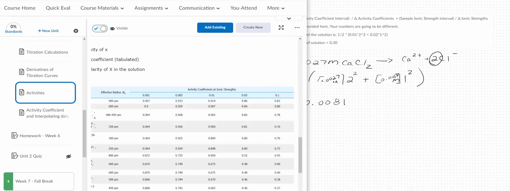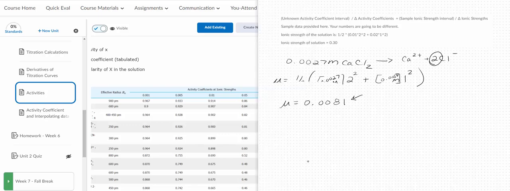It's not necessarily the data that you have in your question. So now I can calculate this ionic strength. And I get a mu value of 0.0081. That is my ionic strength. Now I'm going to need to interpolate, it says so, the activity coefficient of calcium at this ionic strength. So I need to find my bounds over here. I need to find my calcium.